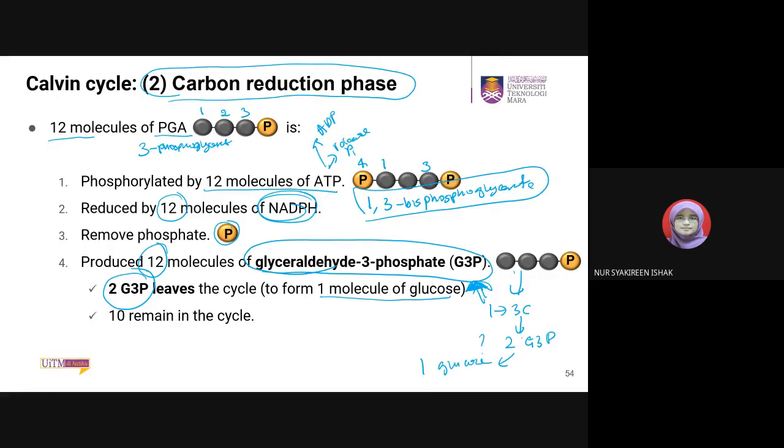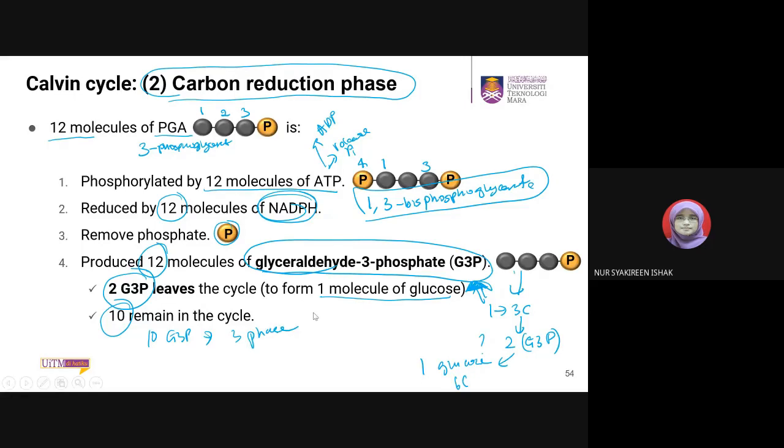Okay, so nampak ada 6 carbon lah dalam glucose. Faham? So bila 2 dah keluar daripada cycle, so akan remain 10 in the cycle. So the 10 G3P will enter into the third phase.